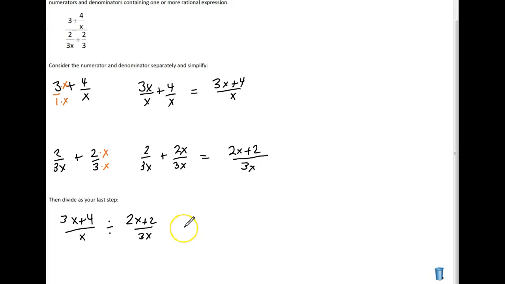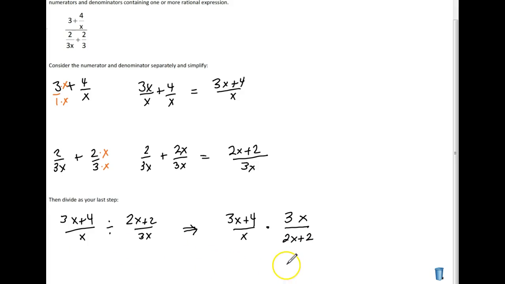But you know that when we are dividing fractions, we actually invert and multiply them. So I have 3x plus 4 over x, that one stays the same, and I'm multiplying that by 3x over 2x plus 2. Now, if I can simplify, I need to, okay?